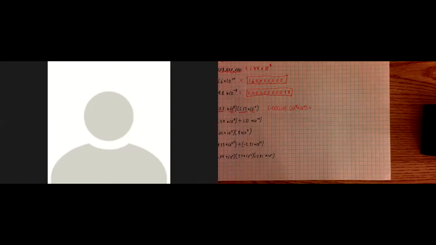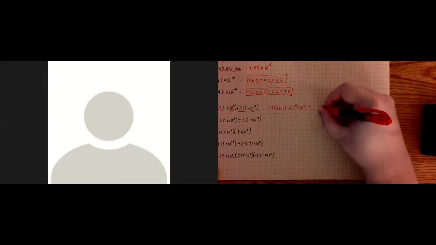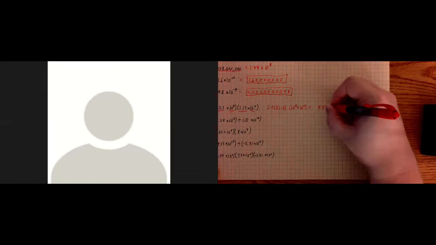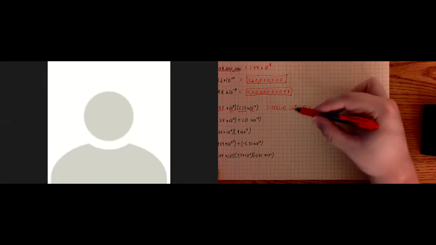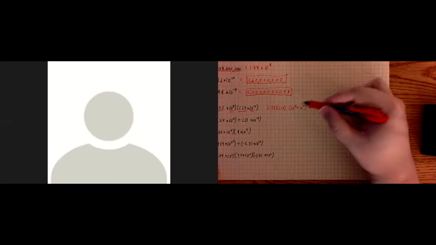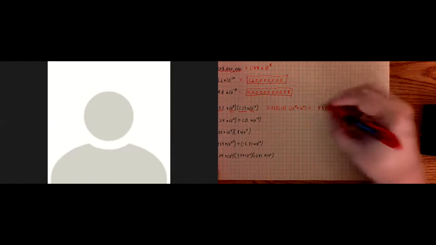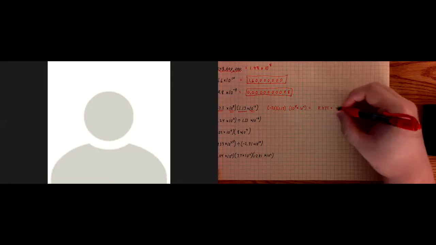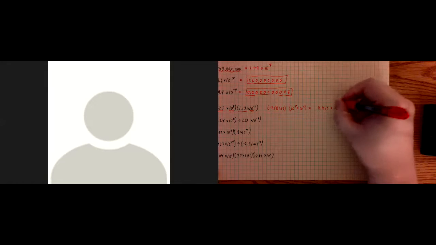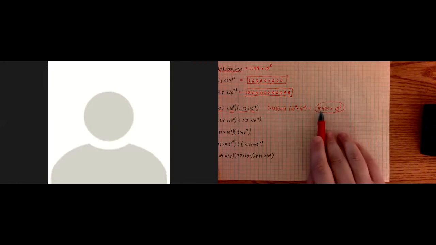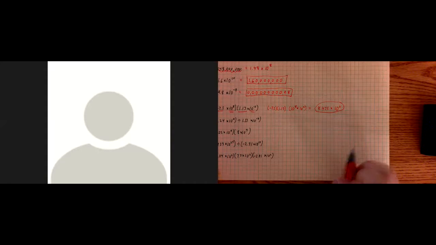And then multiply. Calculator is handy here. Negative 7.5 times 1.13 is negative 8.475. 10 to the 8th times 10 to the negative 2nd, we would add those powers together because they're being multiplied. That would be 10 to the 6th. My number is between 1 and 10, so I stop, and that's my solution.